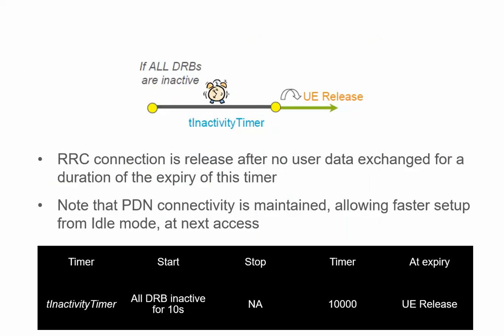Next we have the inactivity timer. What is the inactivity timer? The inactivity timer is used when nothing is being done on the UE side. It is for the purpose of saving battery. The UE releases the RRC connection after no user data exchange for a duration of the expiry of this timer.